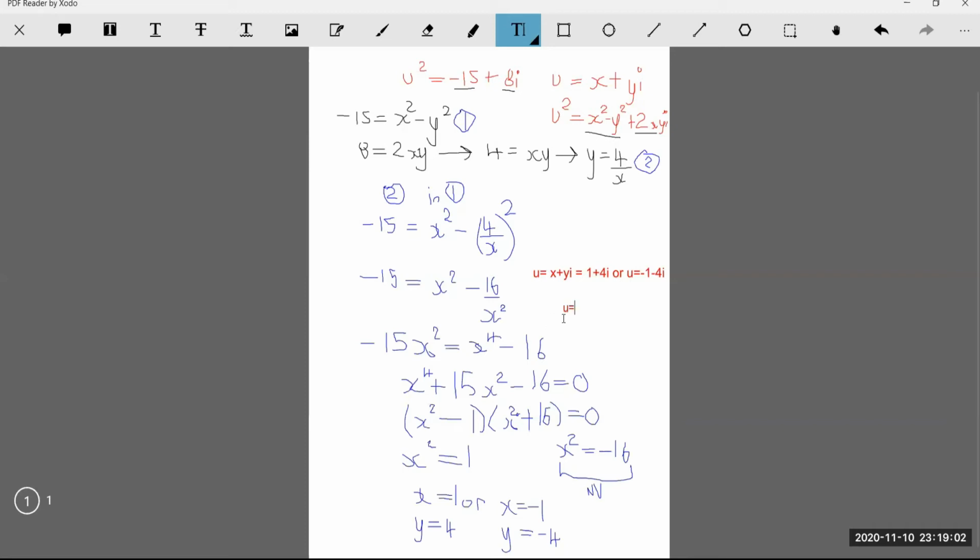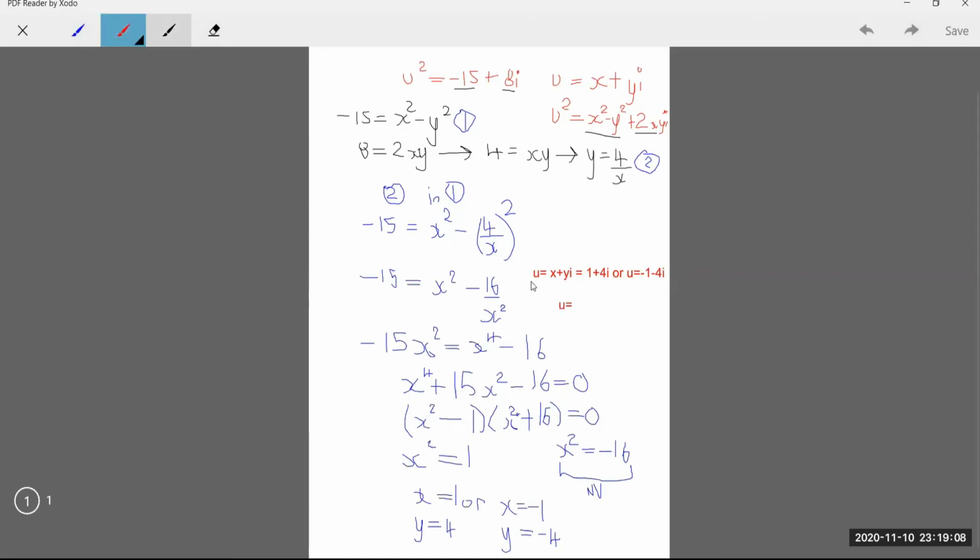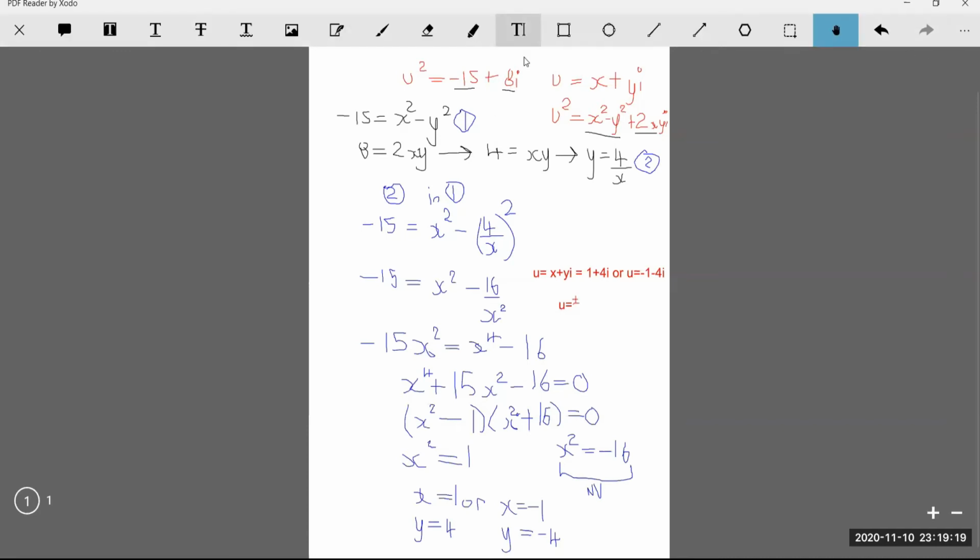U is equal to, you see they put plus or minus. A lot of times you'll see persons put u is equal to plus or minus (1 plus 4i).